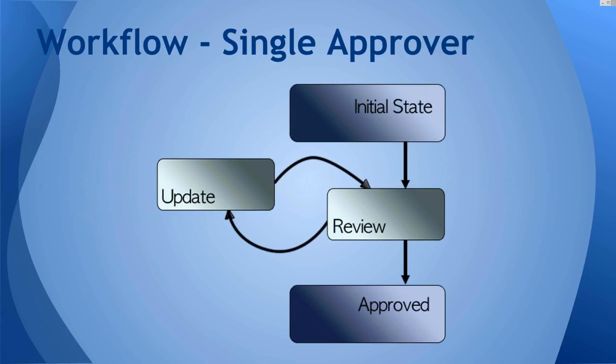Again, we're talking high-level and abstract, but I'll tie this in with practical examples, and I hope it will be clear to people. So the single approver workflow definition: an object, and we'll touch on this too in a moment, could be a document, it could be a form submission, it could be lots of different things, but it goes into some initial state.